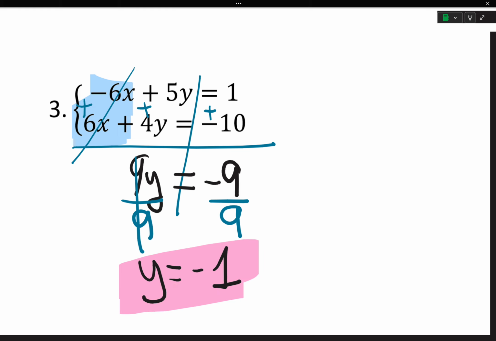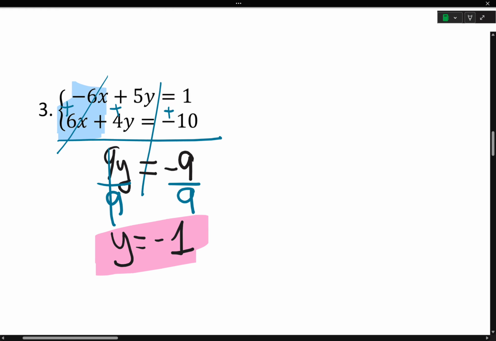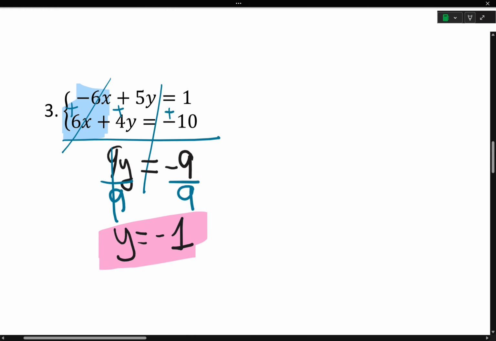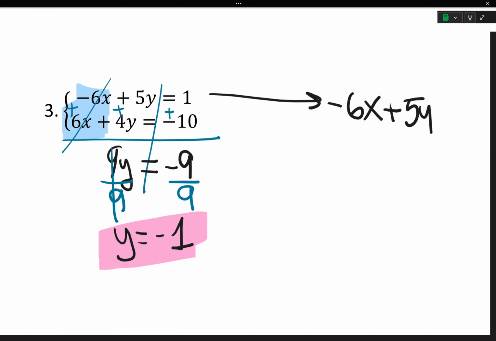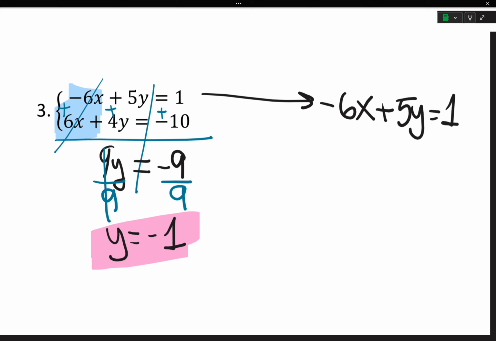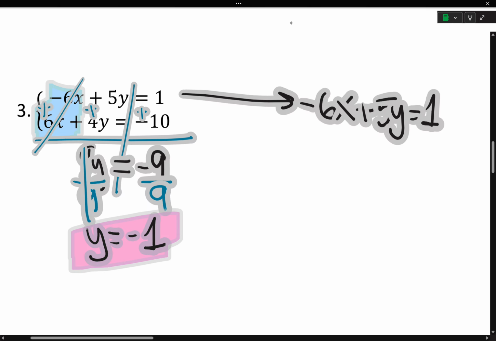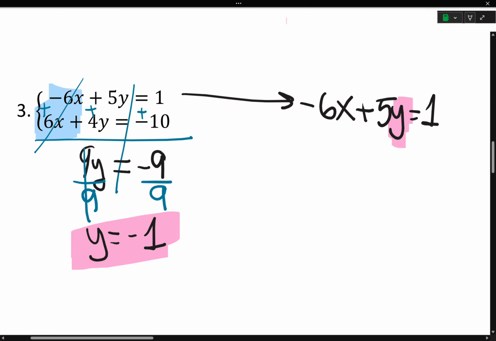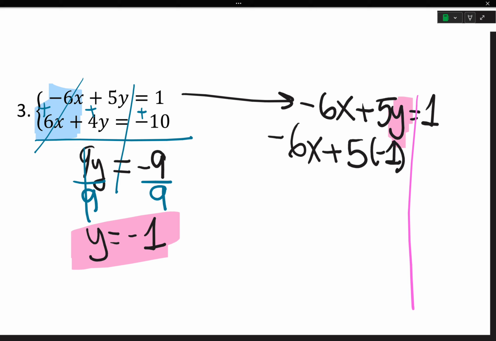Let's find x by plugging it into one of the equations. The first one in 1, second one in 2, so let's do the first one again. I like patterns. So you got negative 6x plus 5y equals 1. We have y, so that's what I'm replacing. So it's negative 6x plus 5, and then negative 1 in parentheses, and it still equals 1.